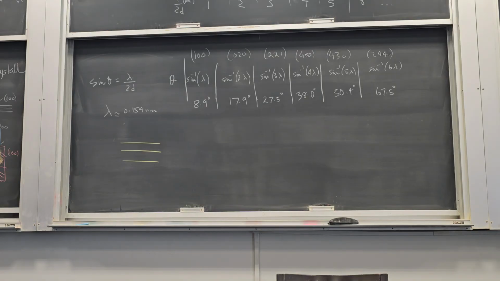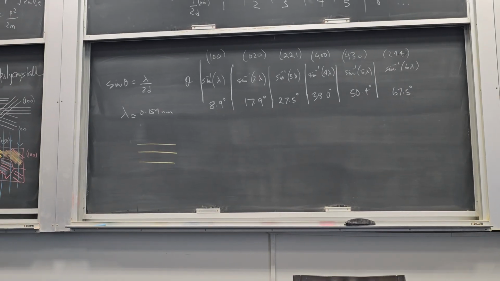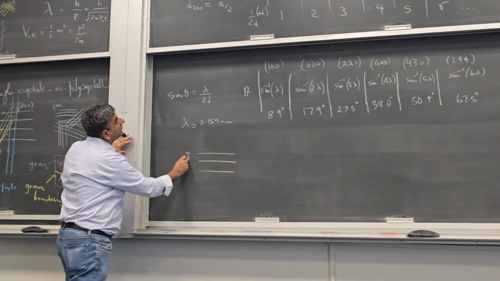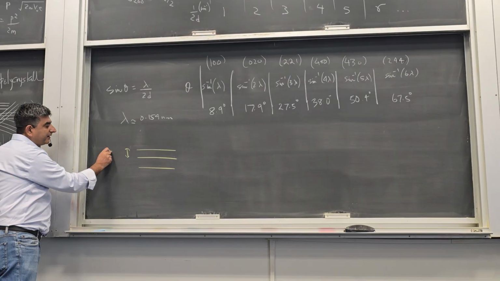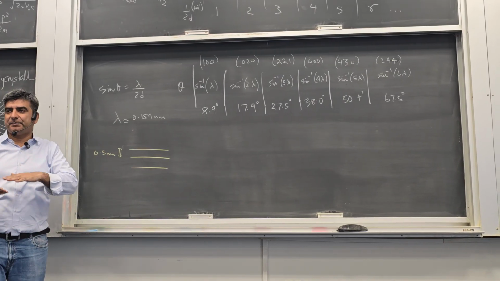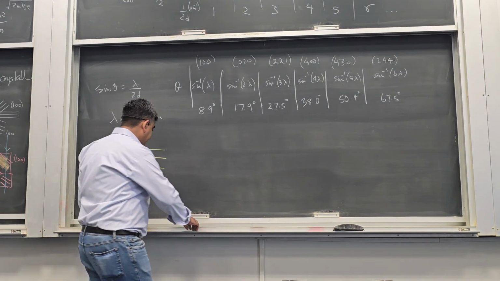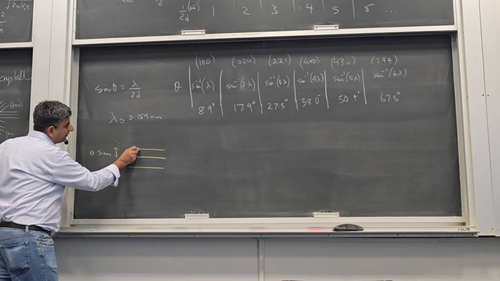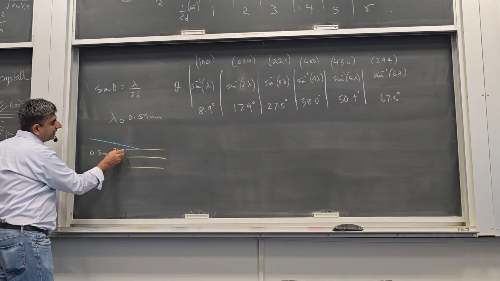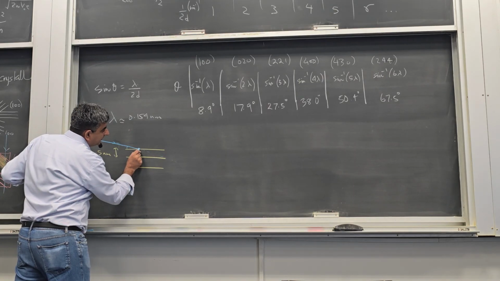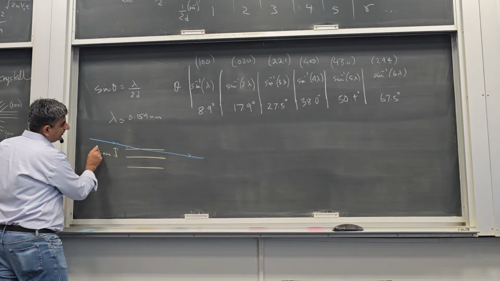X-rays come in, and if they come in at an angle of 8.9 degrees, they will be scattered like this, okay?